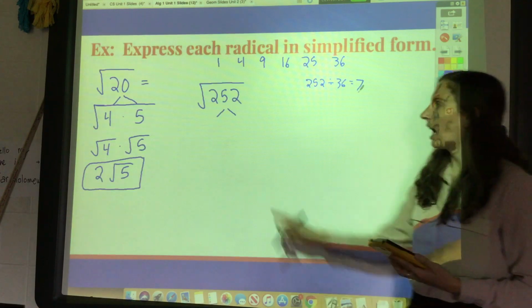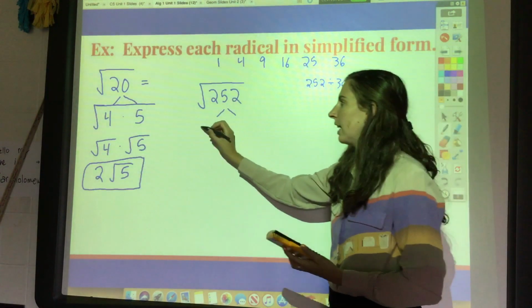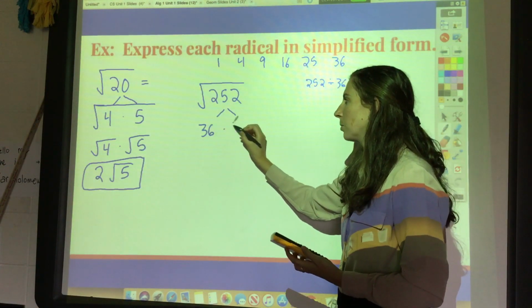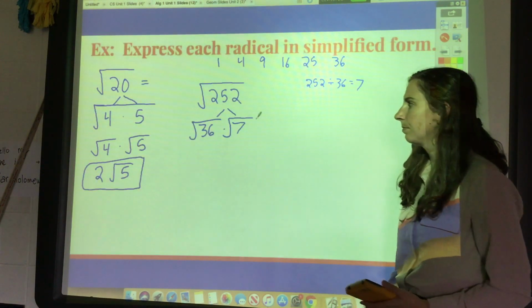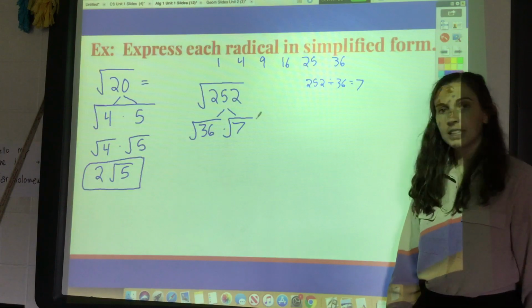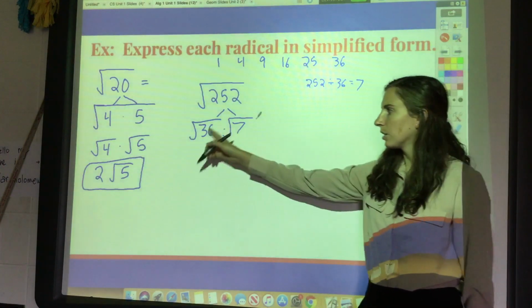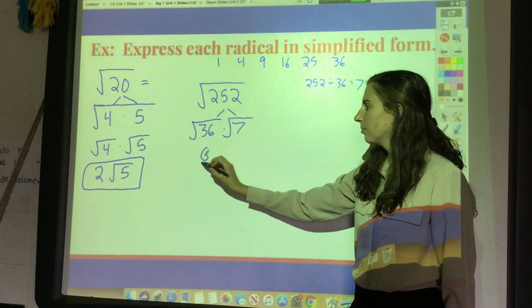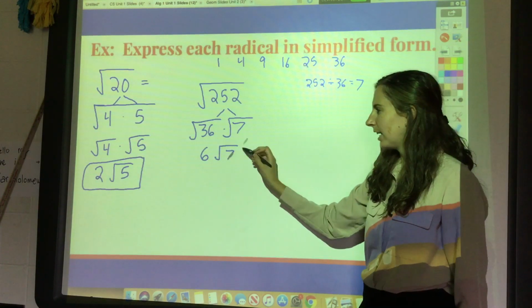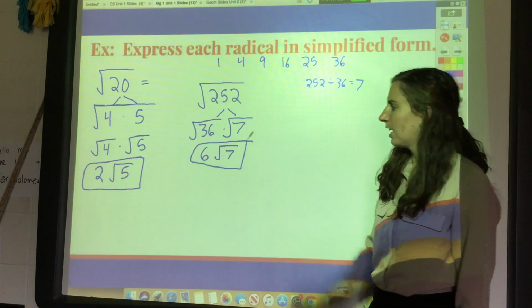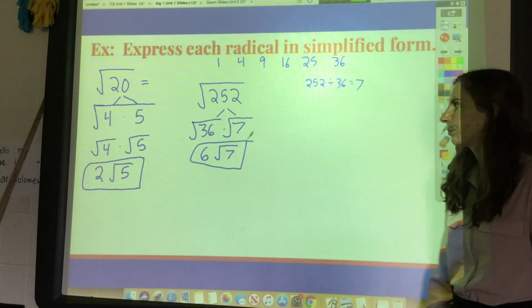That means I could split 252 into 36 times 7 as separate radicals. The reason I did that is because I can square root 36. It's just 6. The square root of 7 will just have to hang out in there. And there we go.